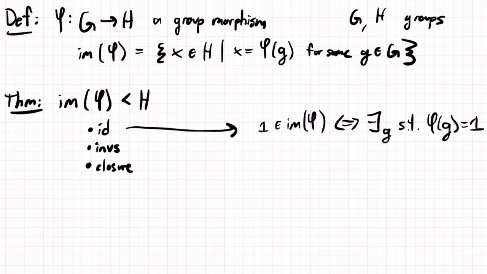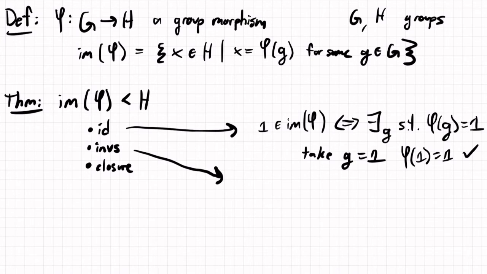And it turns out there is such a g. Take g equals 1. By the properties of group homomorphisms, phi of 1 equals 1, so we're good.